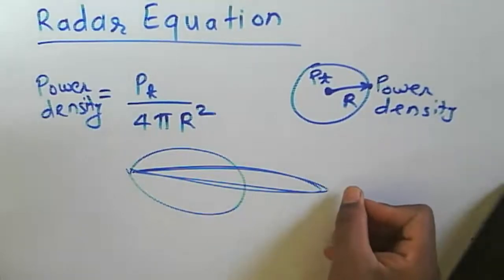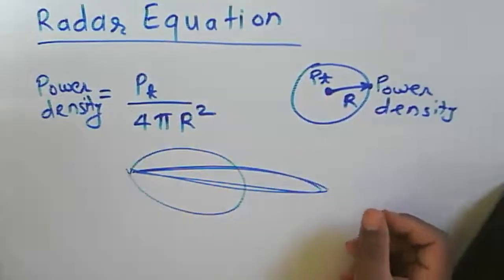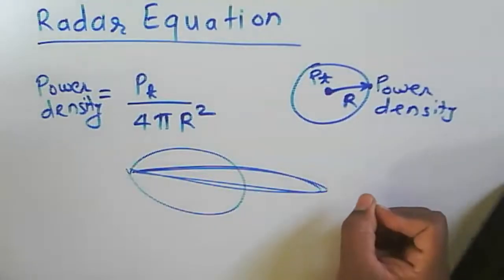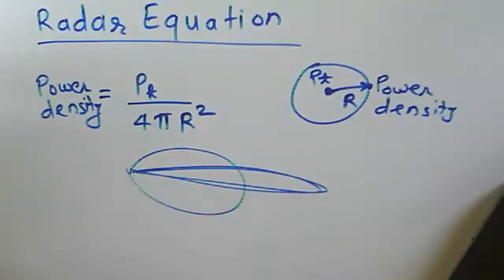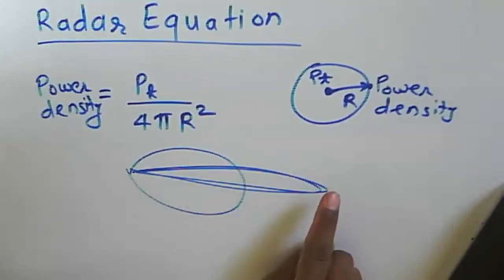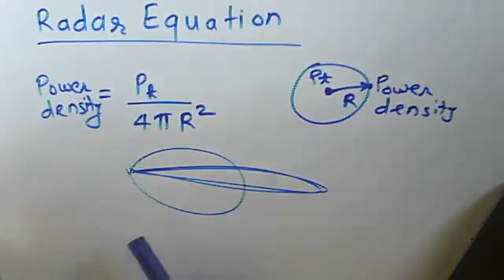So whichever antenna we are using, we are able to measure its gain. The gain of an antenna is the power density radiated in a given particular direction relative to the power density of an isotropic radiator.